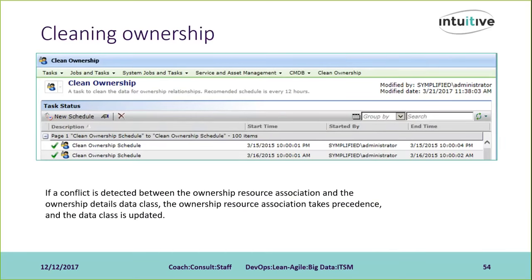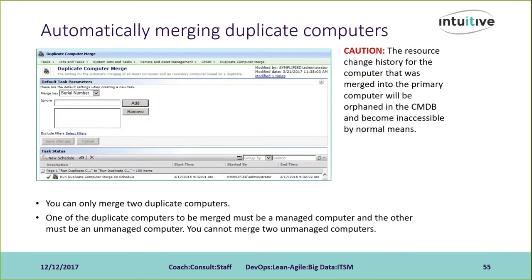Automatic merging of duplicate assets, duplicate computers, I should say. This one is specific to serial number. So if we set this to run where it finds assets with a duplicate serial number, it will merge them into one asset. It'll take the asset with the most recent date, and what that'll do is it'll wipe out the resource change history of the older one.